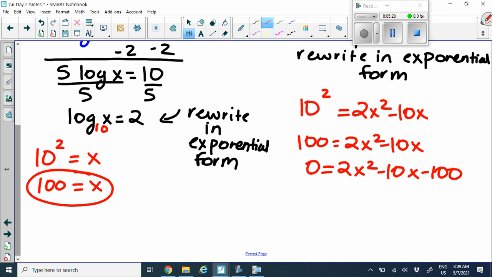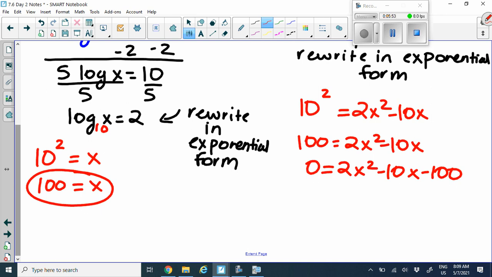Now if I am factoring, notice we see that our a value is something other than 1. So whenever that happens, we first have to figure out, do the terms have anything in common we can take out? Well, in fact, these three terms do have a 2 in common, because 2 can go into 2, 2 can go into 10, and 2 can go into 100.